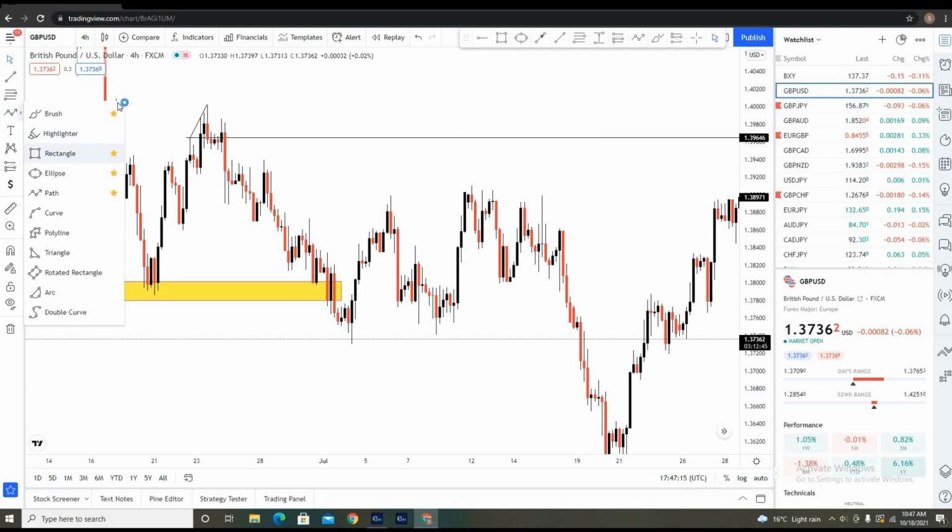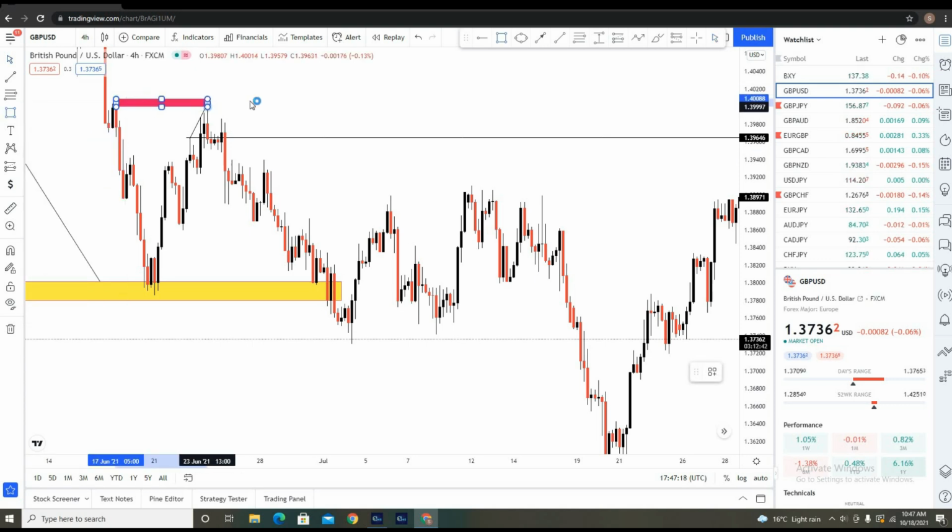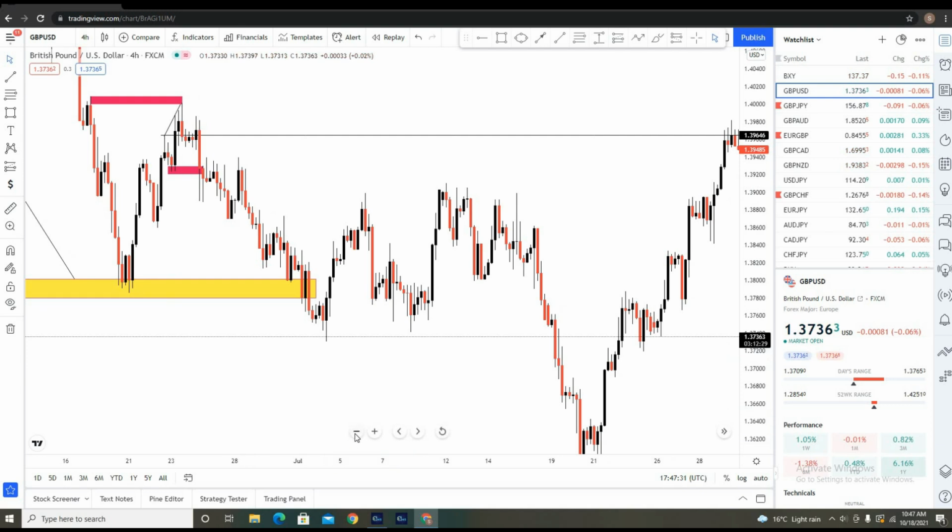That's the important thing, into the supply zone, and it respects this order block right here. After that we've got a break of structure, and as you can see, price didn't really make it all the way back to our golden level, our sell zone. Price went all the way down.